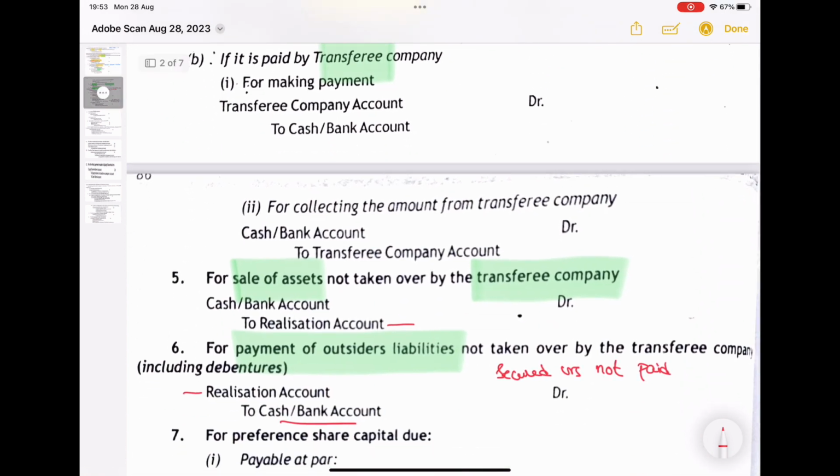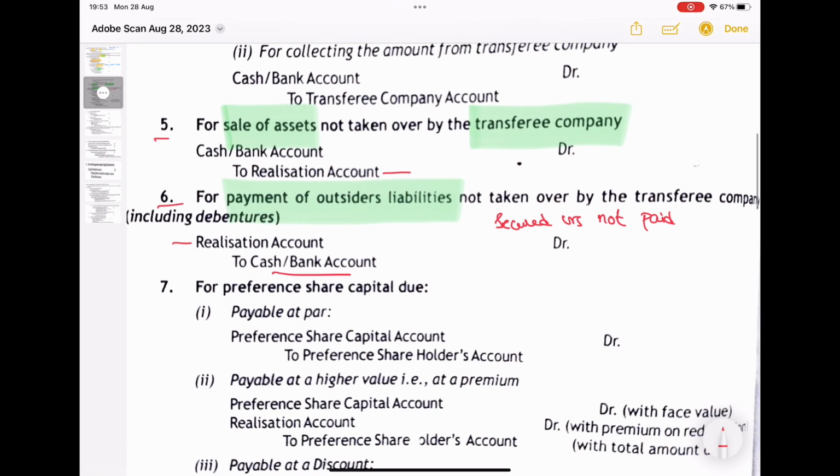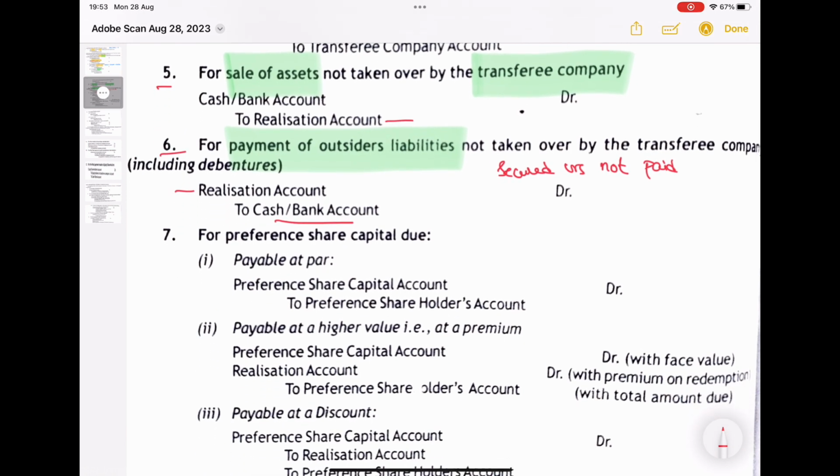After expenditures, if a few assets and liabilities are missed by the company, I'm myself going to pay them. So for that, we pass the fifth and sixth entries. These entries will not be in every question. It may differ. Okay.